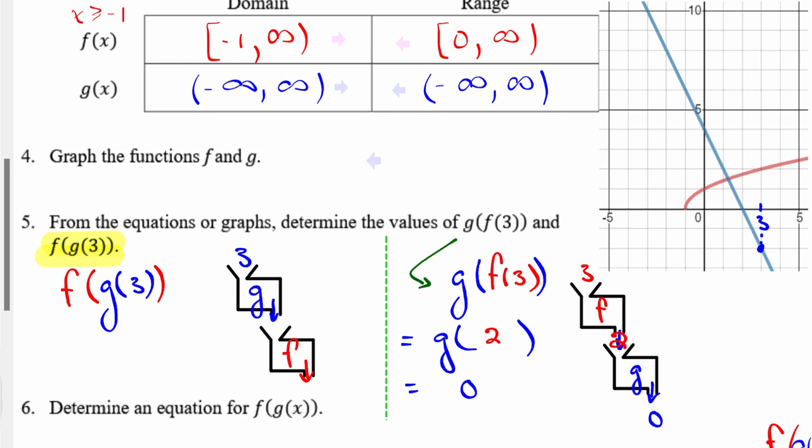Well, I look down here and I see that's where my g of x function is, and so -2 is the output that I get from the g of x function, and that's going to go into my f of x function. So at this point, I'm looking at what is f of -2.